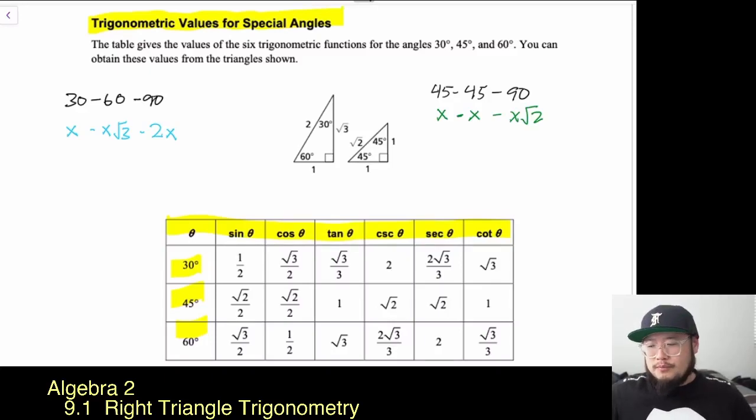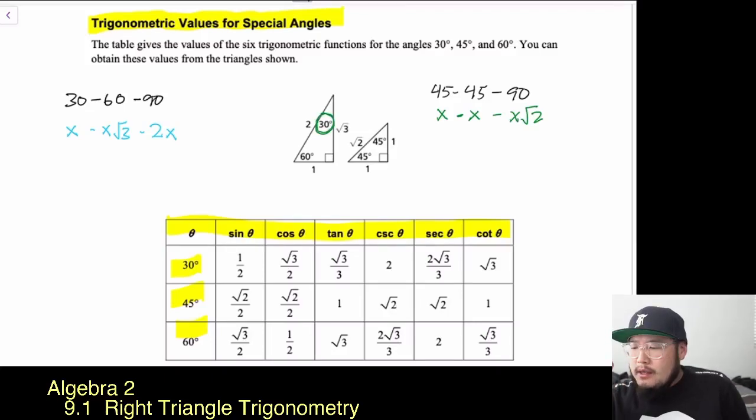Okay, if we take a look at the 30-degree side, just kind of going over a few of these, if I'm looking at 30 degrees, I'm looking at this angle right here. I'm going to go ahead and circle that in green. Okay, that is 30.